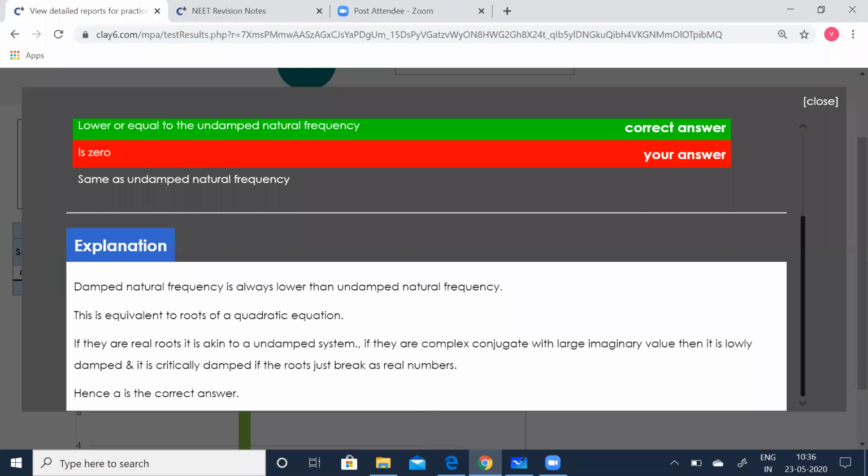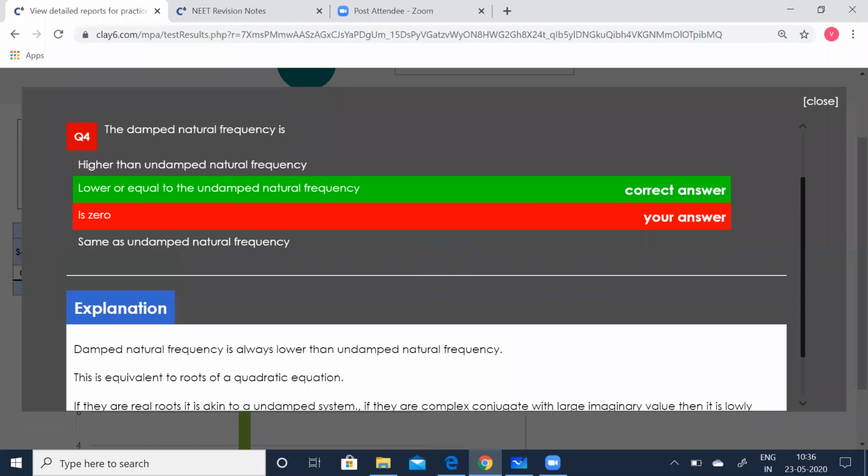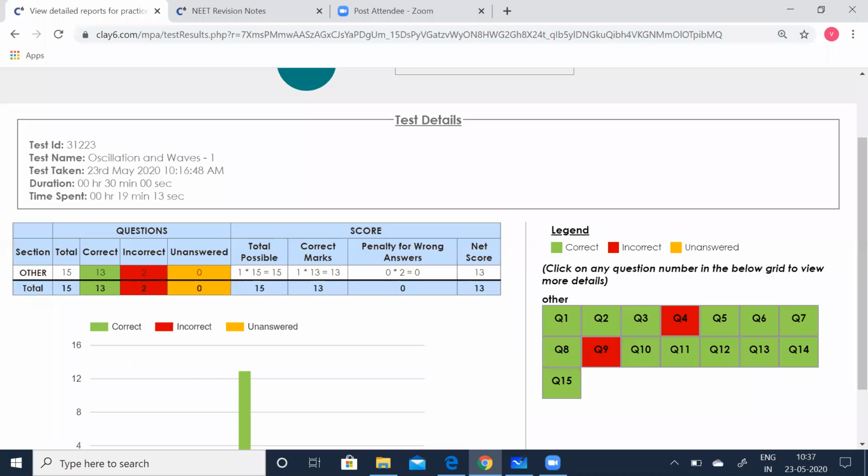So option A should be correct: it is lower or equal to the undamped frequency. All right, so I deliberately went wrong so that you can see how to access the wrong questions. Now let us go to the 9th question.